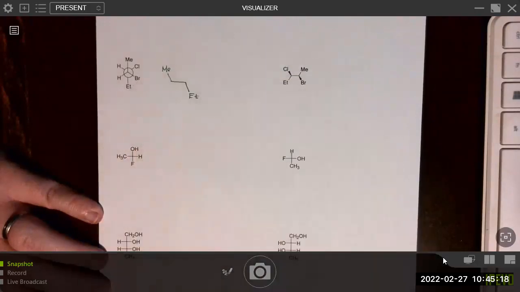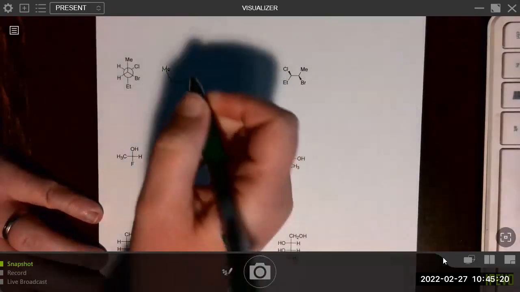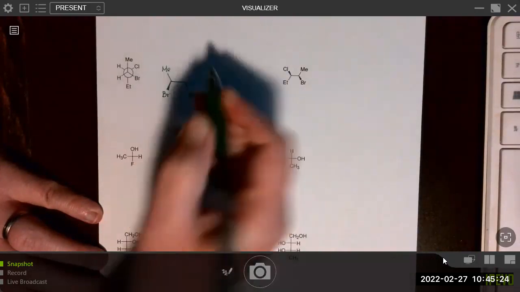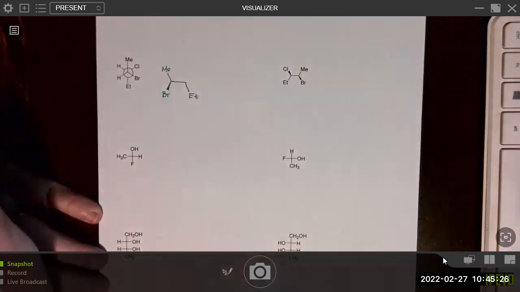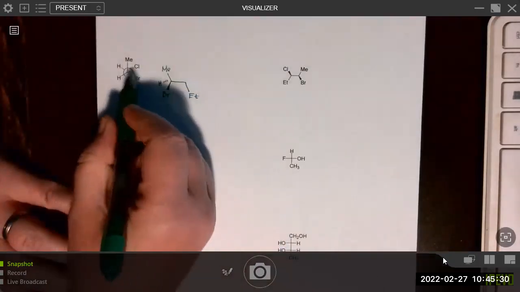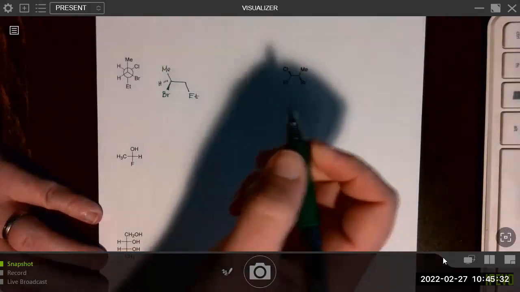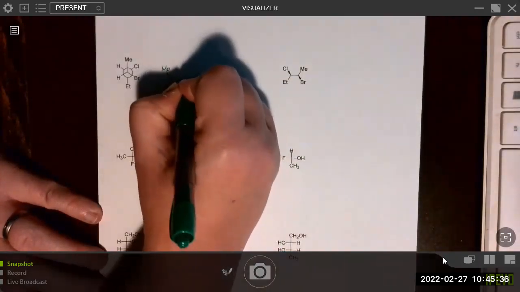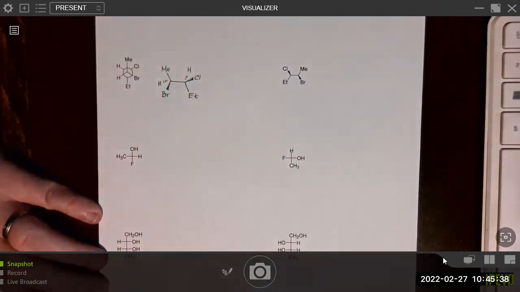That's going to give us this carbon backbone. And then we have the bromine coming out at us, which means the hydrogen is pointed back. You can draw that in. And then the chlorine is also going to be on the same side as the bromine, coming out at us, and the hydrogen pointed back.